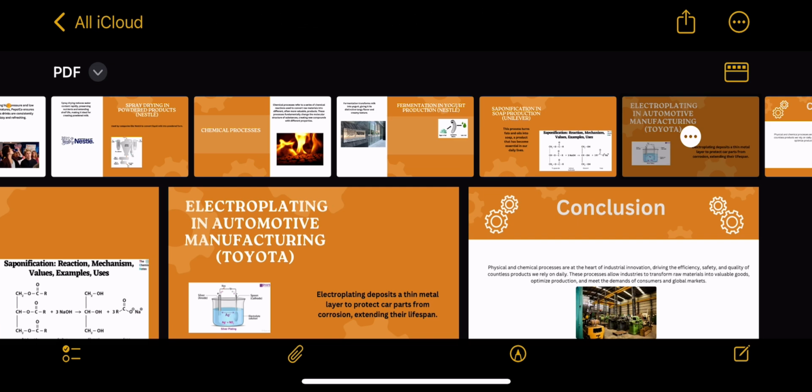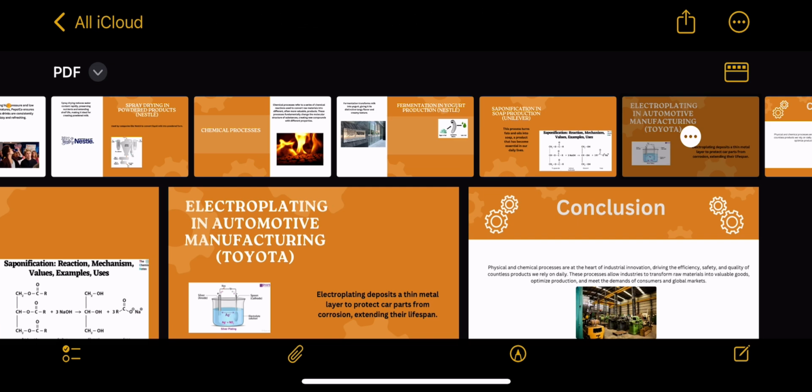And as we noticed in this presentation, physical and chemical changes are everywhere. They are pretty important for industries, and we explored how industries like Coca-Cola, Nestlé, and Toyota utilize physical and chemical processes to produce high-quality products efficiently. These processes are optimized with specific operating conditions to achieve the desired results.